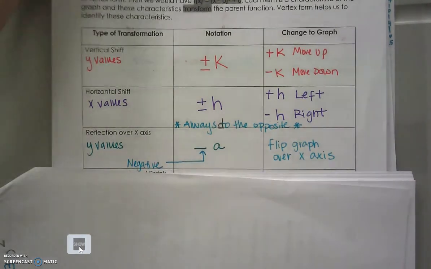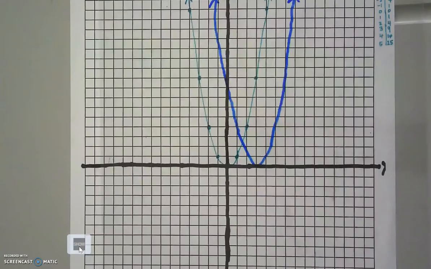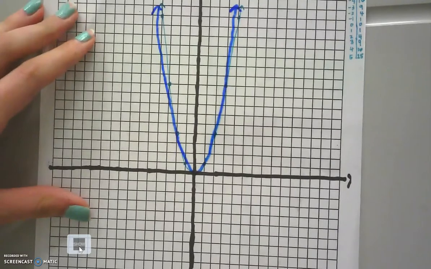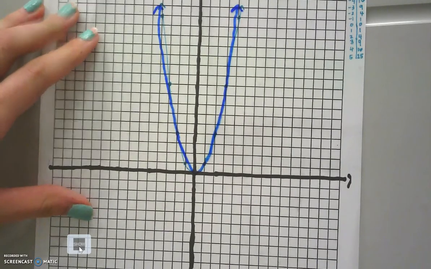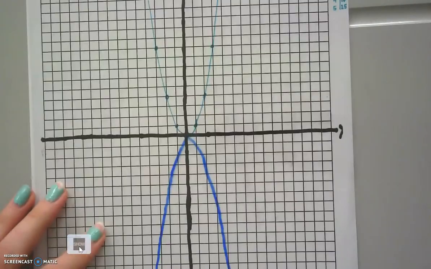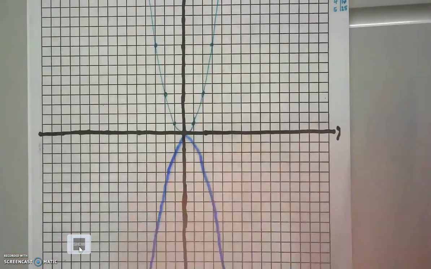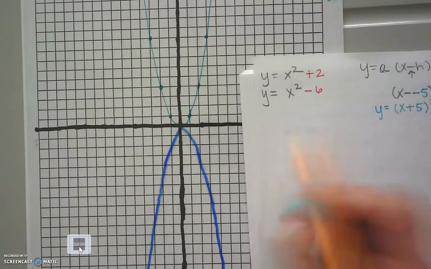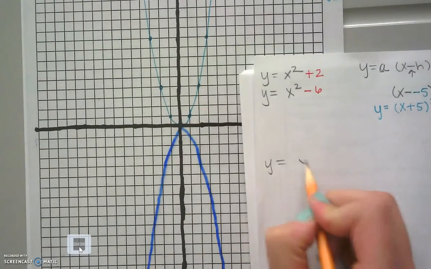So let's make a visual of what this looks like. Here's my parent function. If I tell you to reflect it, it's now going to look like this. It's upside down. So we started with our parent function of y equals x squared.